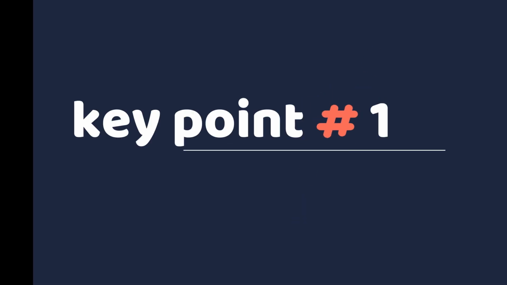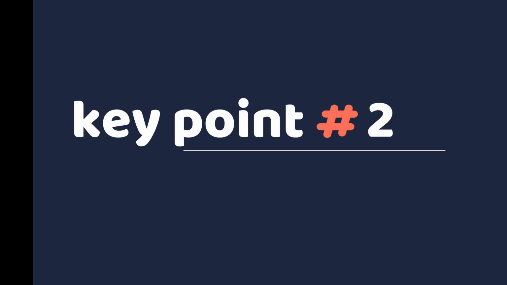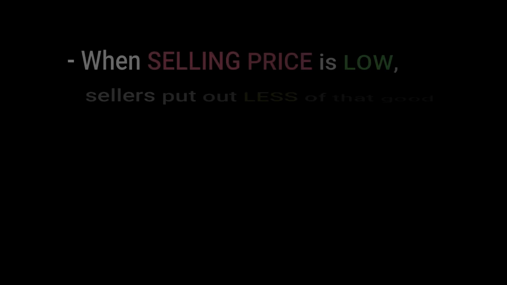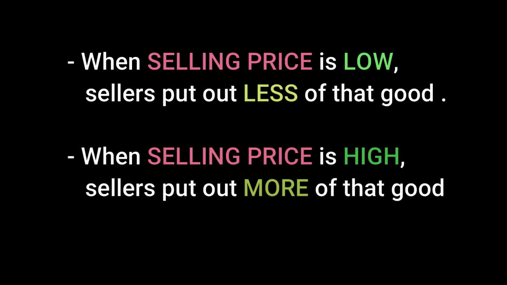Key point number 1. The psychology of the buyer is that when the selling price for goods is low, they will buy more of that good, and when the selling price is high, they will buy less. Number 2. The psychology of the seller is that when price is low, the seller doesn't want to sell or supply a lot of that good.